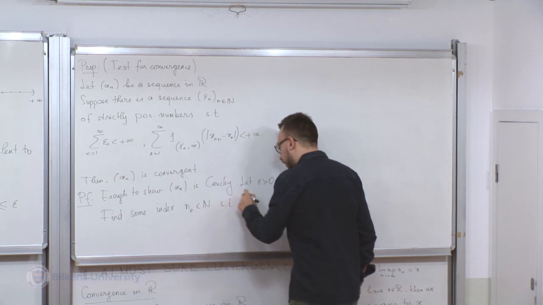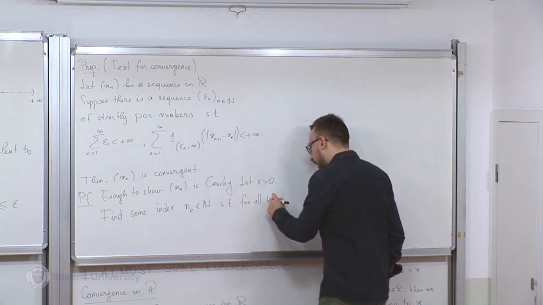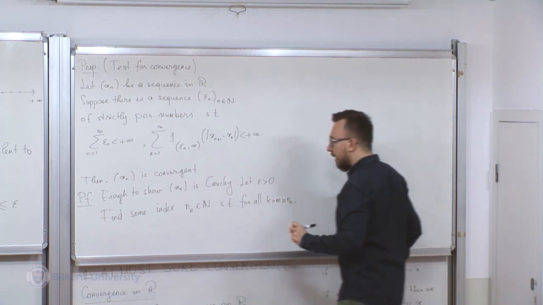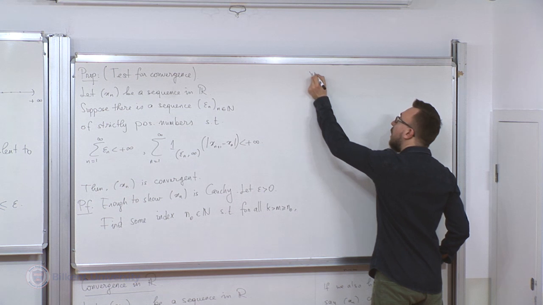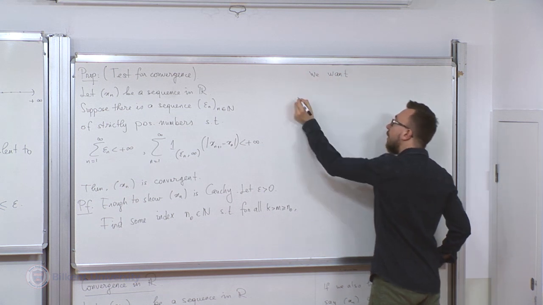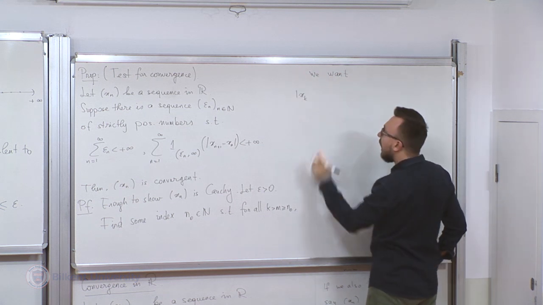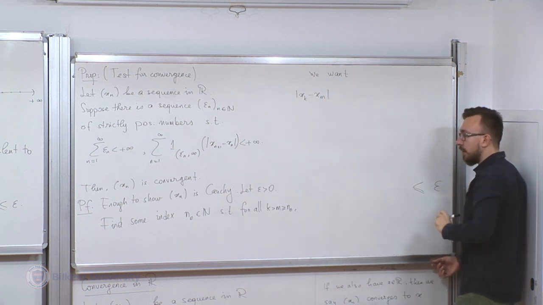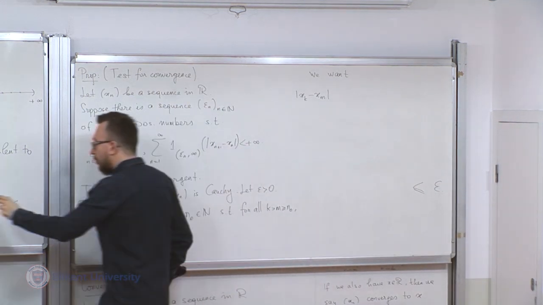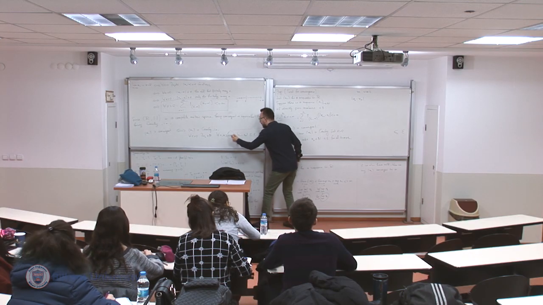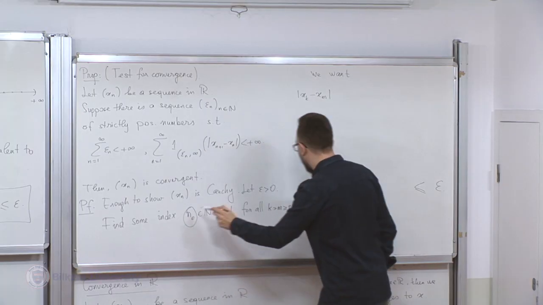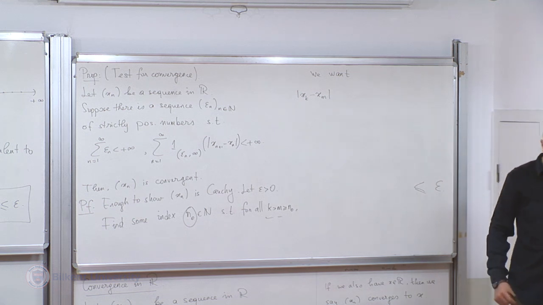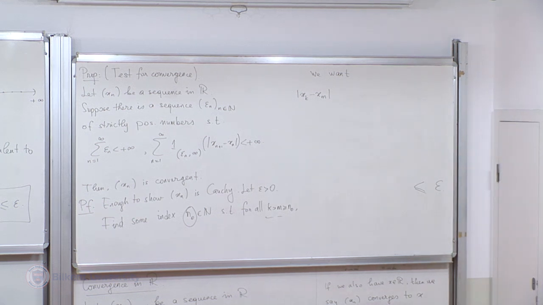Such that for all k greater than m greater equal n0, we want the following. We want xk minus xm being less than epsilon, right? This is what we'd like to ensure after some index n0. So we're looking for such an index n0 for which this happens for all k and m. Okay? This is what we would like to show.